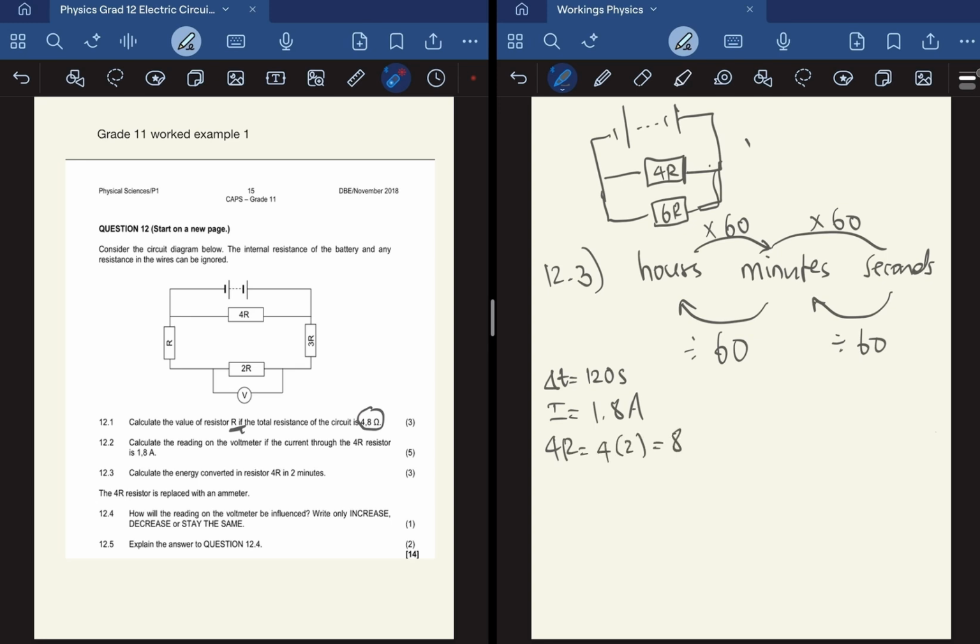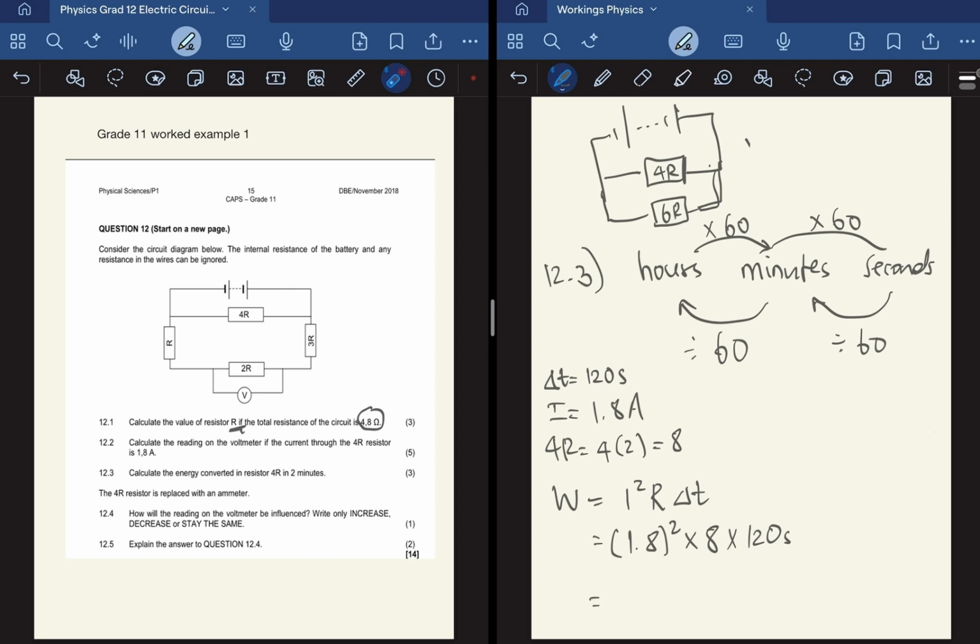When you go to your formula sheet, you can check which formula will work best for you given all these parameters. You can use this one: E is equal to I squared R times change in time. Then you put in your 1.8 amps, remember it's squared, times your 8 times 120 seconds. And then your answer is in joules.